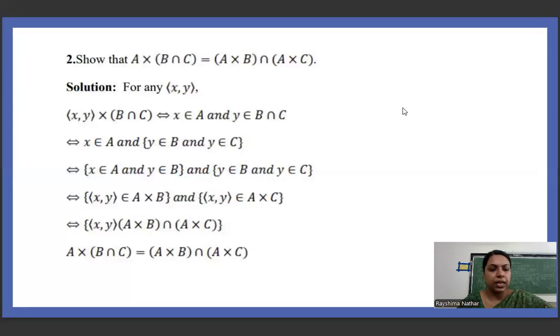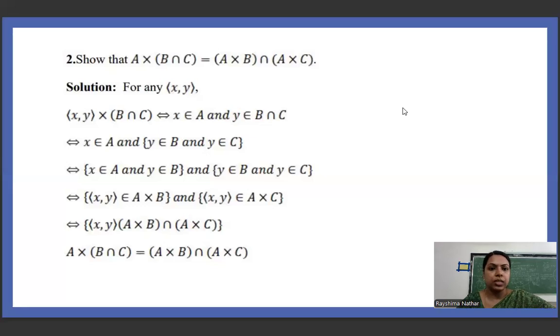This can be written as x belongs to A and y belongs to B intersection C. We can split this as x belongs to A and y belongs to both B and C. Again splitting the terms, we get (x, y) belongs to A cross B and (x, y) belongs to A cross C. Both relations combine as (x, y) belongs to (A cross B) intersection (A cross C).